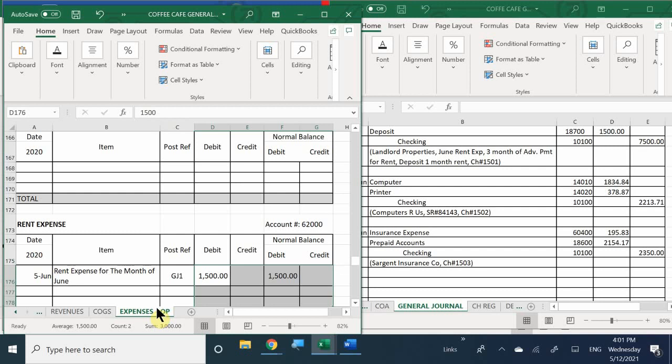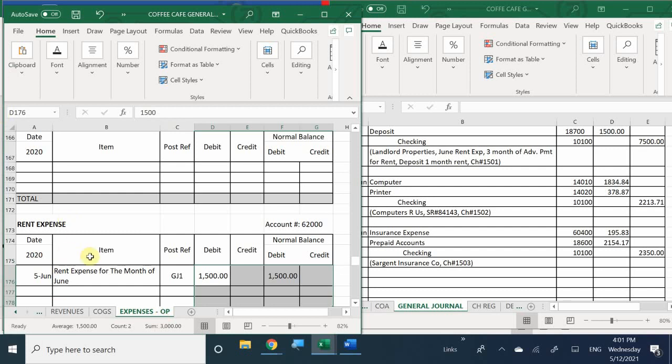The maximum we'll have is maybe 7 accounts in one transaction, and in that case, you definitely don't want to skip around, because you want to enter everything one at a time. So first things first is insurance expense.